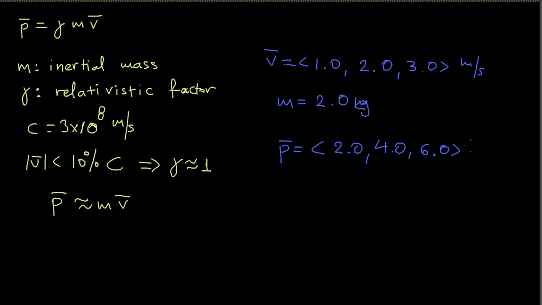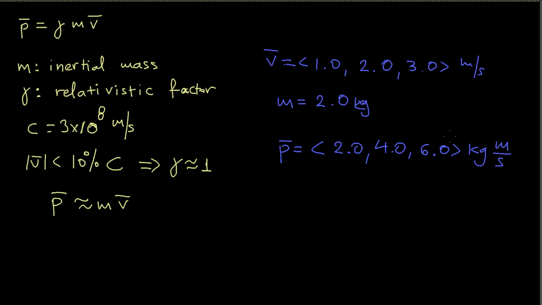Now we don't have any special units for momentum, so I need to use the units of mass and then the units of velocity. So the momentum in this case is 2, 4, 6 kilograms meters per second, and that's how you do the calculations to find the momentum vector.